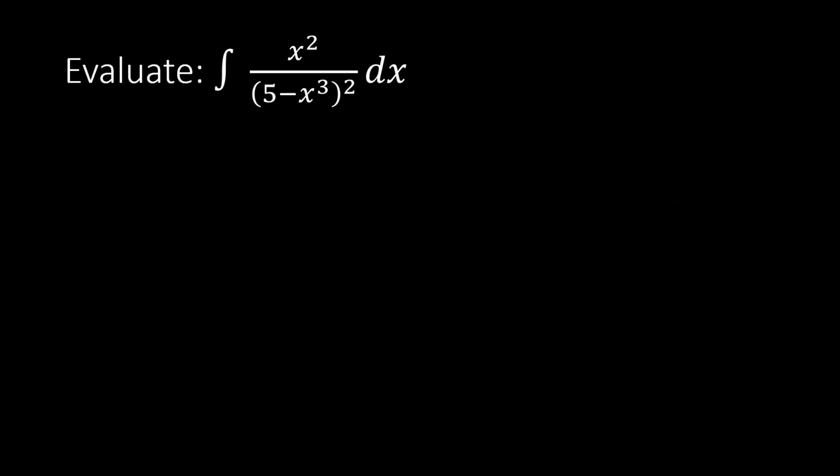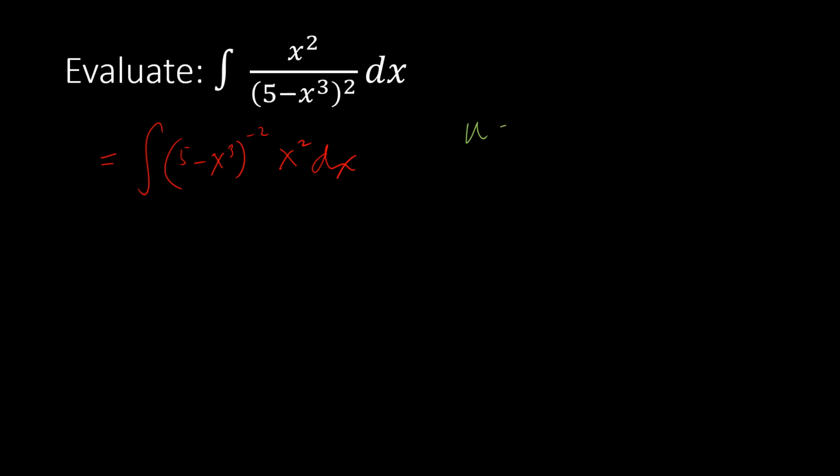Next, we evaluate the integral of x squared dx all over (5 minus x cubed) quantity squared. Let me rewrite this as the integral of (5 minus x cubed) raised to negative 2 times x squared dx.